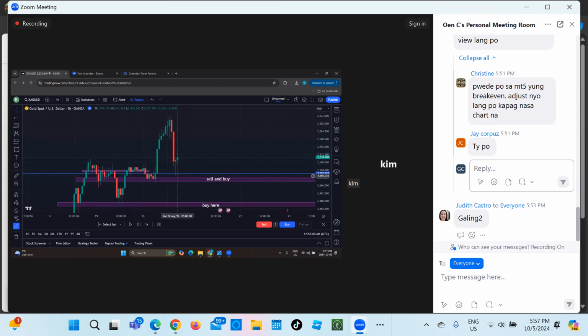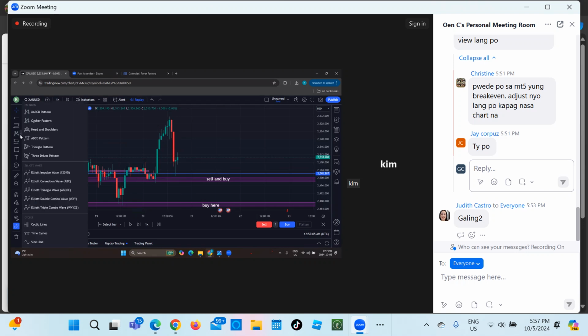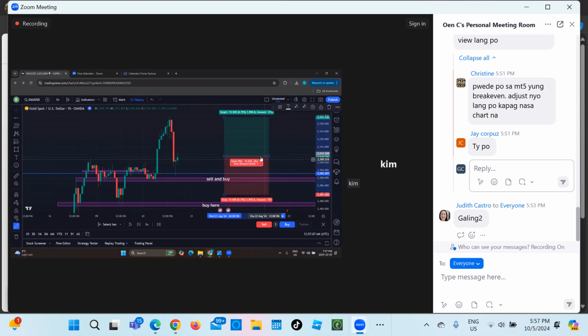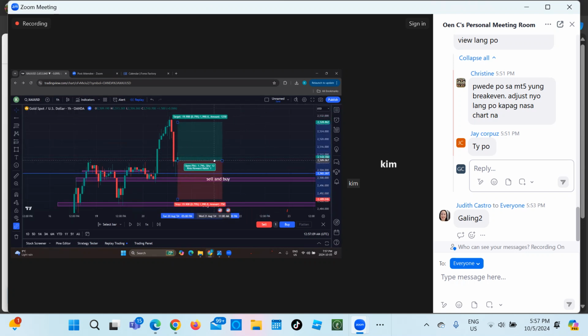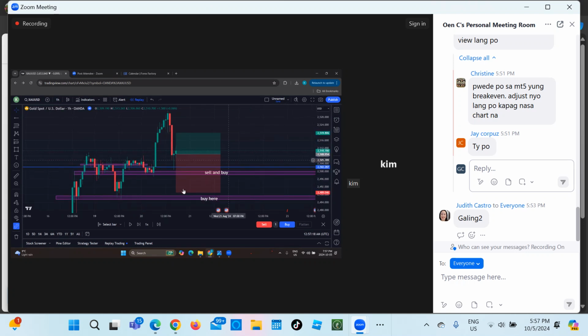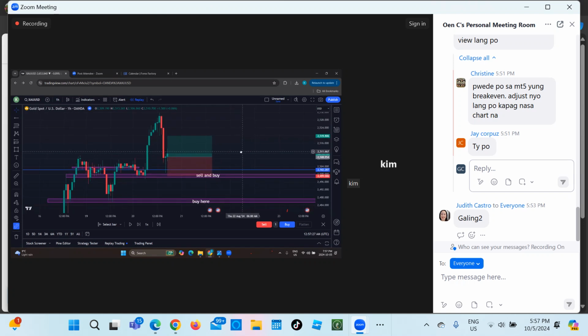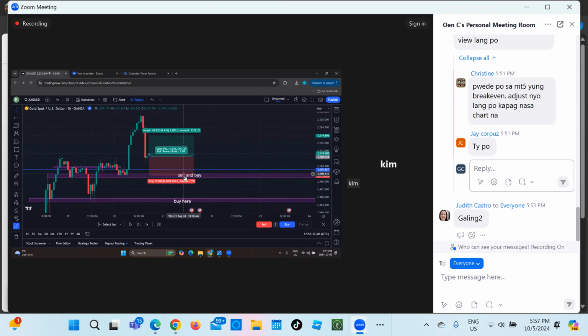So, like liquidity grab, I would go for price action. I would enter a long position here because it already grabbed liquidity. I would take my first profit here. I would place my stop loss around this area, 499, just before 4,500, because that is a very strong demand zone.